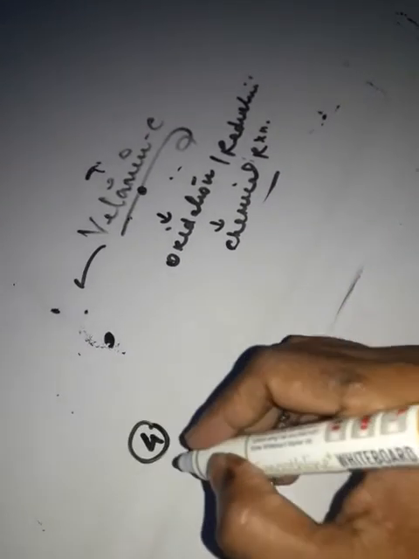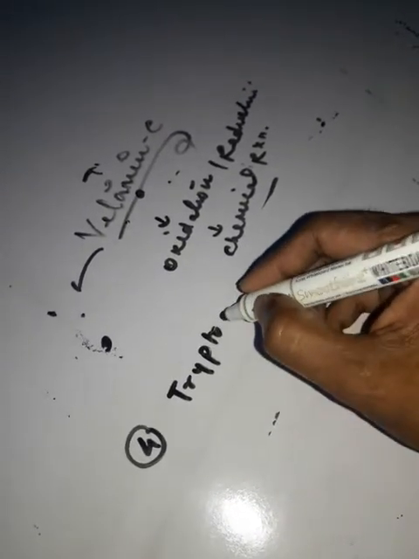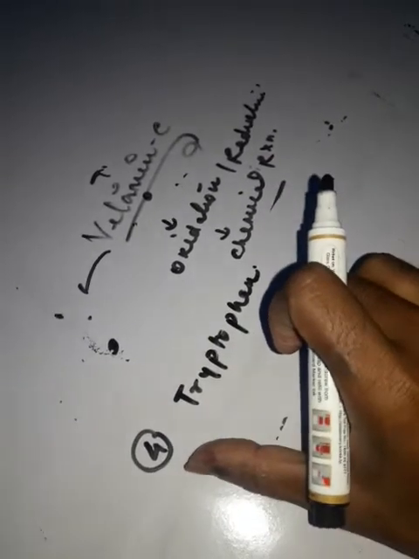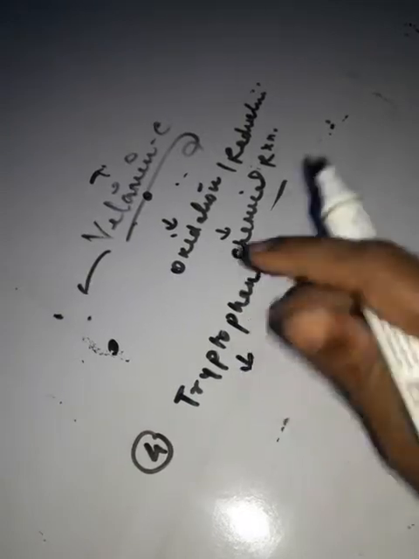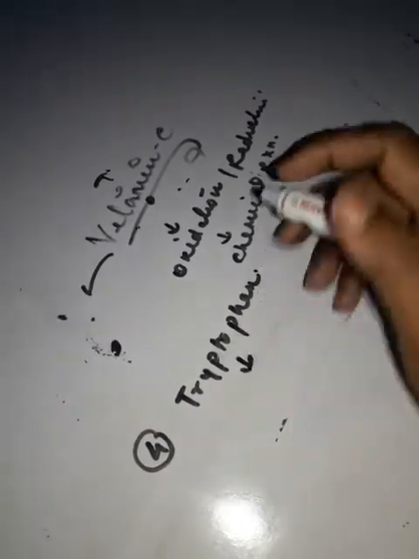And the fourth point, if you see here, it also helps in tryptophan metabolism. Tryptophan is an amino acid. If you see its structure, it is an aromatic heterocyclic amino acid. So it helps in tryptophan metabolism.